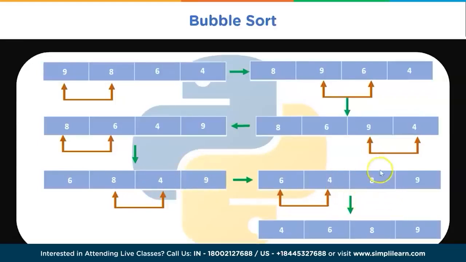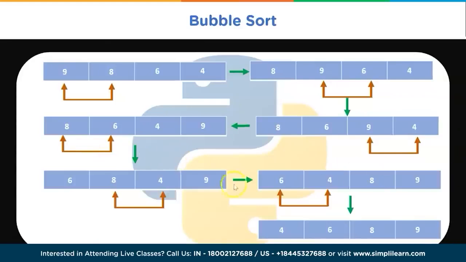Now we only need one comparison between 6 and 4. 4 is less than 6, so we swap, and this is the final output: 4, 6, 8, 9. All the iterations depend on the size of the list, but in bubble sort, the whole goal is that you keep iterating until each and every element is compared with its adjacent element.